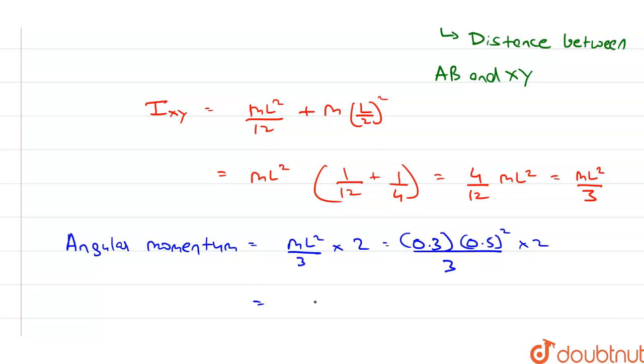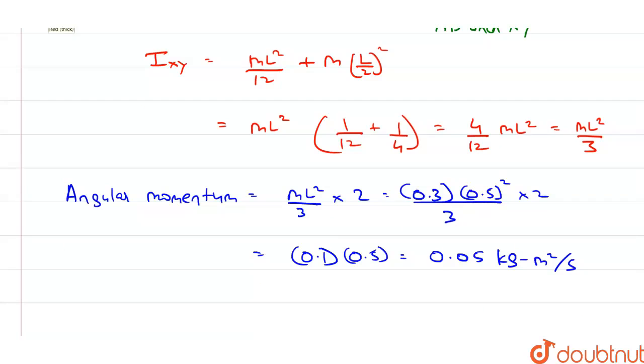This is equal to 0.1 into 0.5, which is equal to 0.05 kg meter square per second. This is our angular momentum.